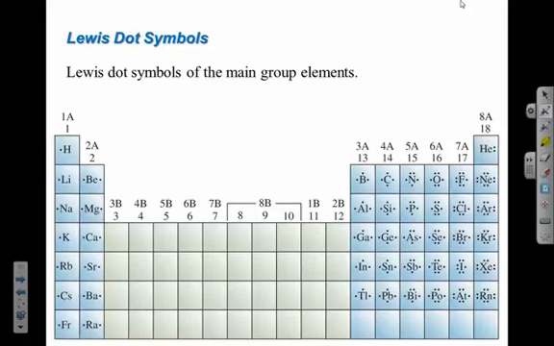So we don't necessarily have to, at least for the main group elements, we don't have to draw out the electron configuration and see how many of those electrons are in the outermost principal energy level. We know based on that, usually a Roman numeral or Arabic numeral at the top with the letter A next to it, that tells me how many valence electrons the atom would have if it were neutral, and then I can make the dots around it to show those electrons visually if that's helpful.